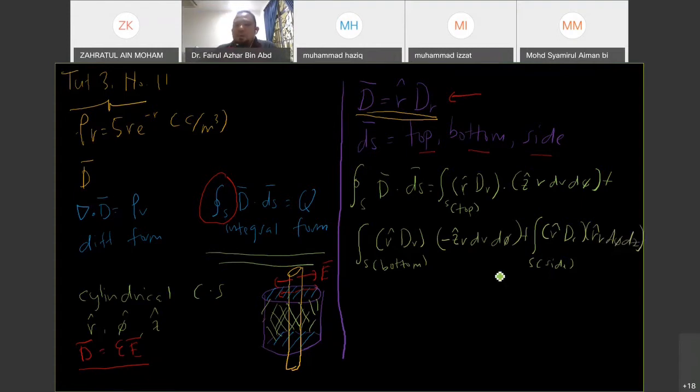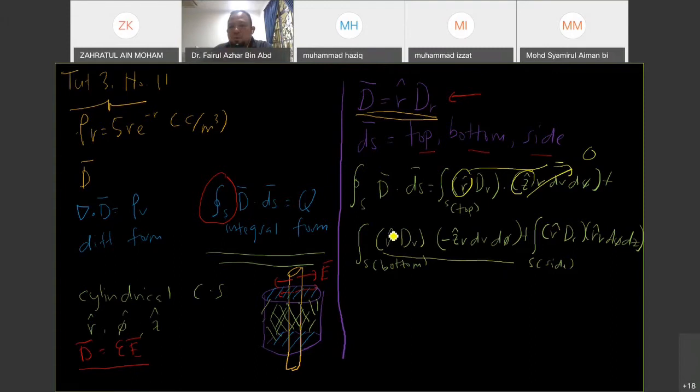Okay. So if you look into this equation, we see that, for example, on the top surface, we need to perform a dot product between the r cap component and the z cap component. So definitely when you perform this operation, the answer for this part is equal to 0. Same goes for this part as well.